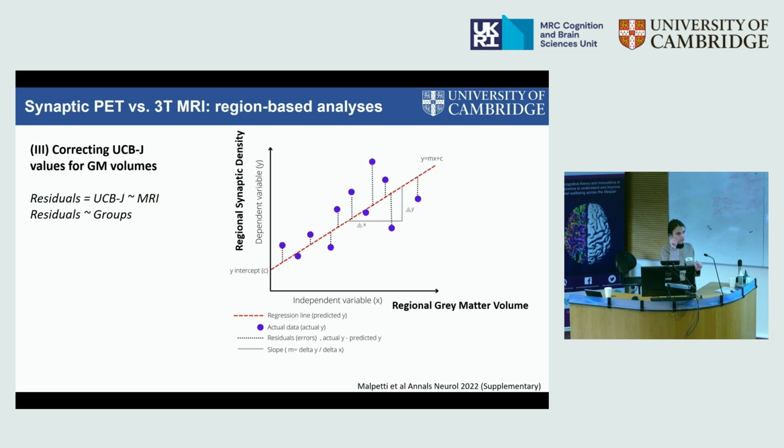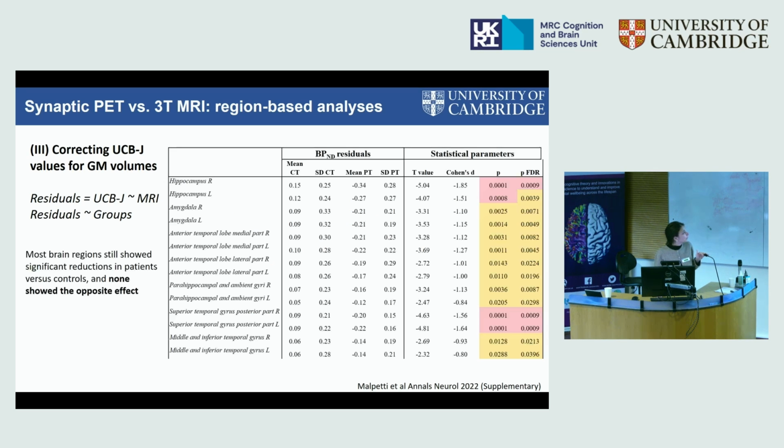With this approach, we wanted to see which part of the variance was explained by just the synaptic loss after correcting for atrophy. Then we used the residuals to compare the two groups. Again, most of the brain regions still showed significant reduction in patients versus controls, and none showed the opposite effect.